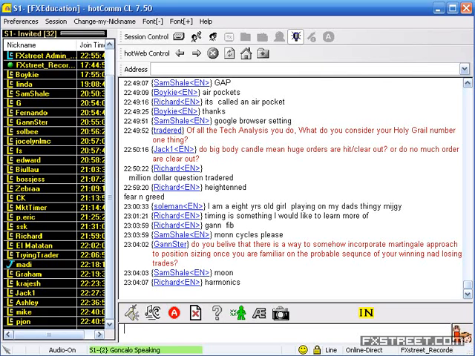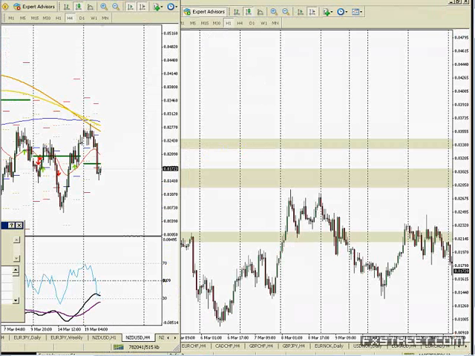Well, there are people incorporating martingale type of position sizing, based on a martingale approach, but I believe also that you have to put a stop to the martingale.